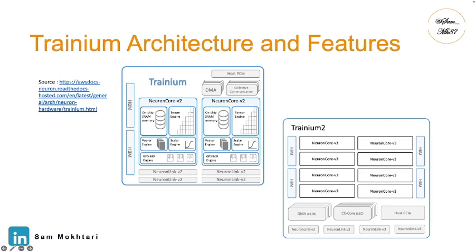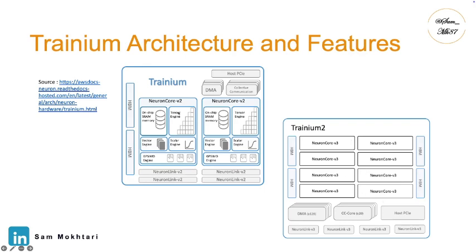In terms of architecture, as you can see, Trainium actually has 2 NeuronCores per chip, while each Trainium 2 chip includes 8 NeuronCore version 3.